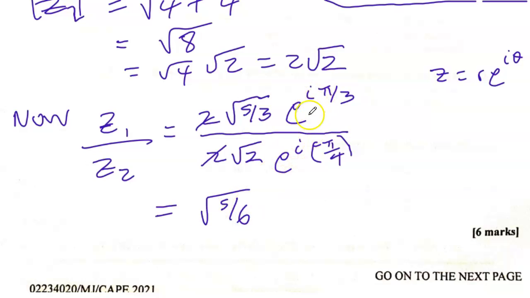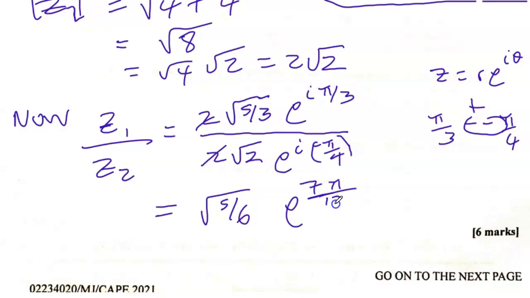And then you know the law of indices, e, we're subtracting the powers here: pi over 3 minus negative pi over 4. So it becomes pi over 3 plus pi over 4, which will work out to 7 pi over 12 times i, of course. Now that's for 1a.